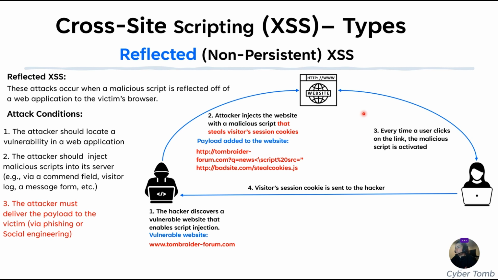It's not stored within the website. The website is vulnerable, as we've mentioned. There should be a vulnerability in the web application, but once the attacker grabs the payload and sends it via phishing or social engineering, the user, the victim, should click on the payload, or the link, in order to activate this payload.